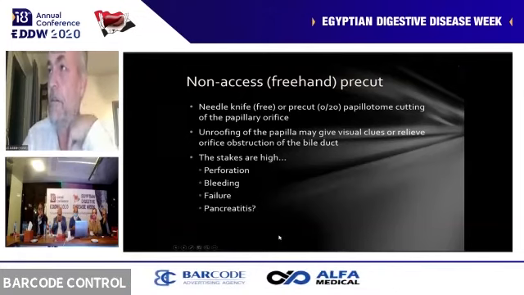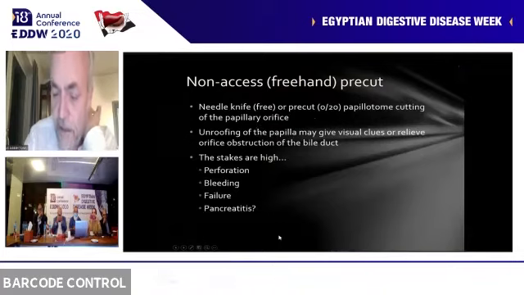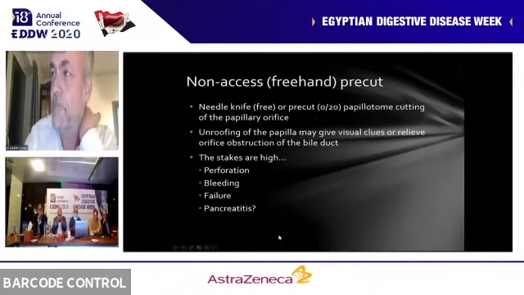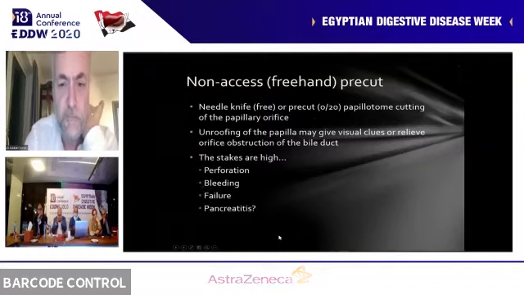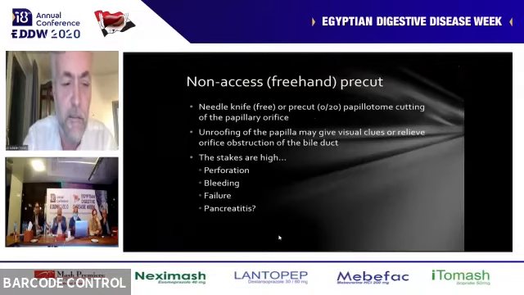So with a needle knife or with a pre-cut 0.20 papillotome, you cut the papillary orifice trying to get into the bile duct. And the ideal situation, obviously, is this layer-wise unroofing of the papilla to give you visual clues and to ideally see a spurt of bile to understand that you're at the right level.